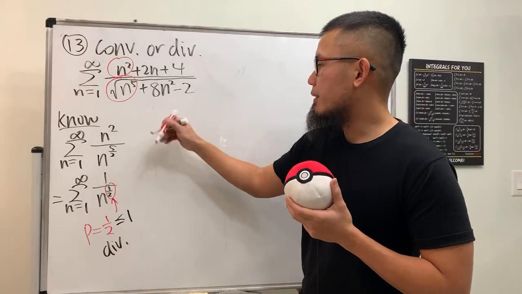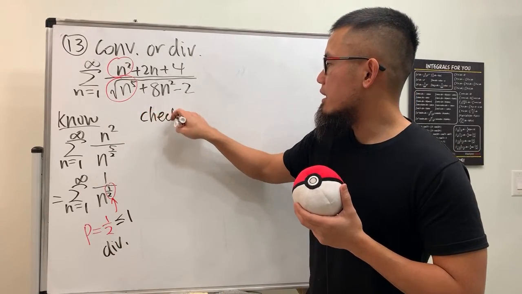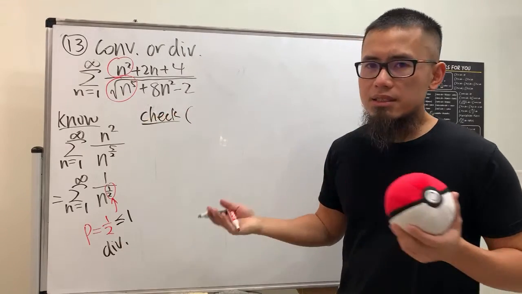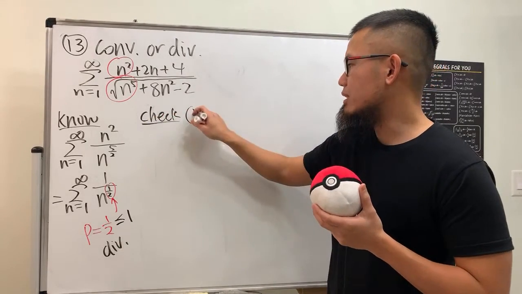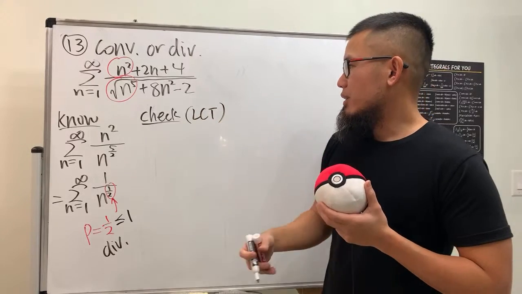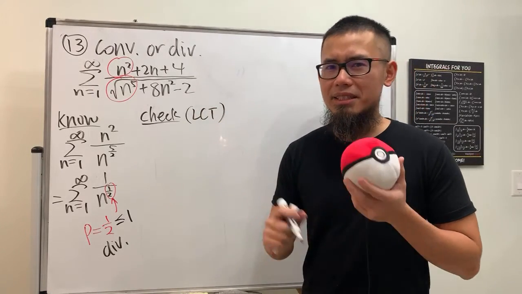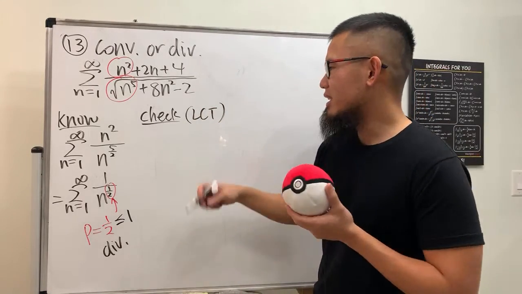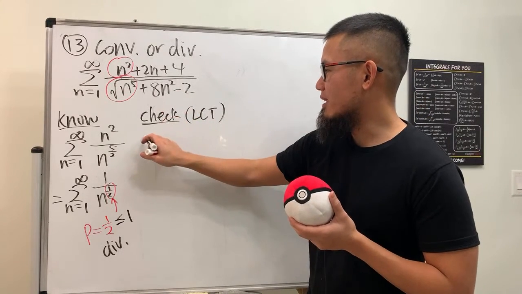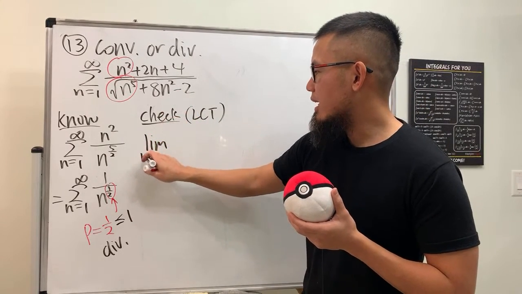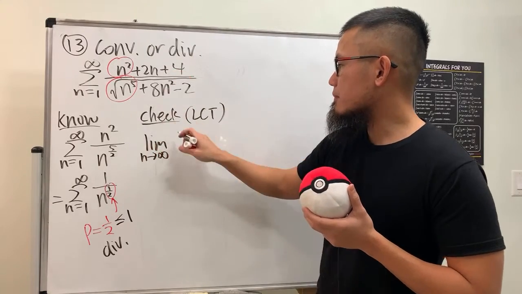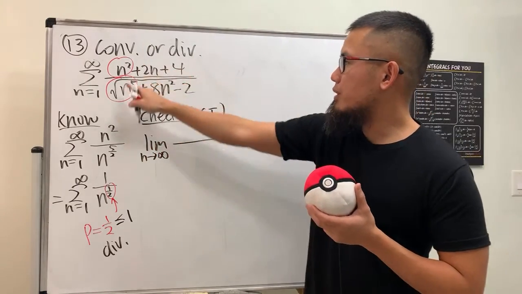So let's go ahead and do the following. In this kind of situation, just go ahead and use the limit comparison test. If you use the direct comparison test, the algebraic inequalities are not so pleasant. But if you do the limit as n goes to infinity, I'm going to put this on the top.